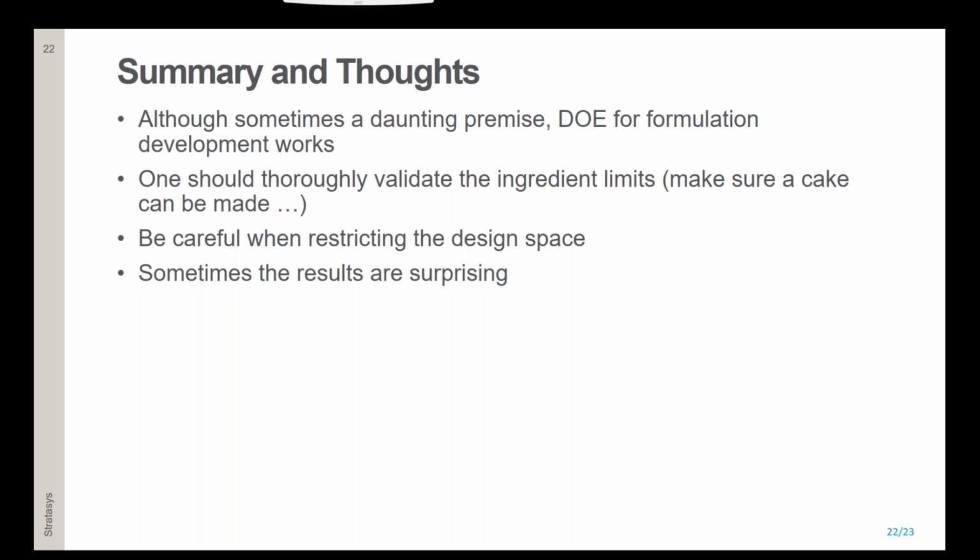But we also have to be careful when restricting the design space, because then we can lose some of the information, and if we restrict the design space too much, then we might not get surprising results, something that we didn't think of. So yes, we have to have as large a design space as possible within the limits that are possible, because sometimes the results are surprising, and surprising results are good.